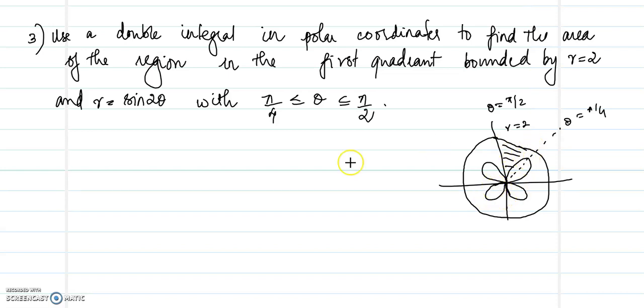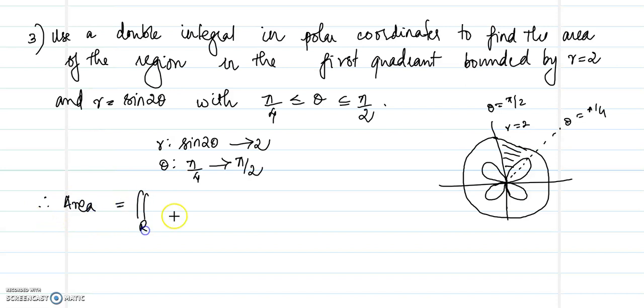Therefore here r will vary from sine 2 theta to 2, and theta will be varying from pi by 4 to pi by 2. So therefore area will be double integral r dA, so that will be double integral r dr d theta.